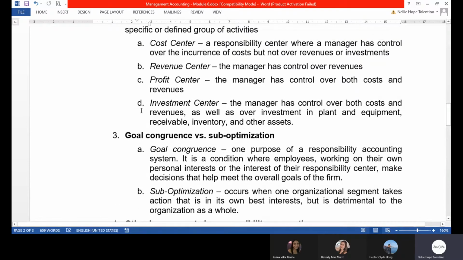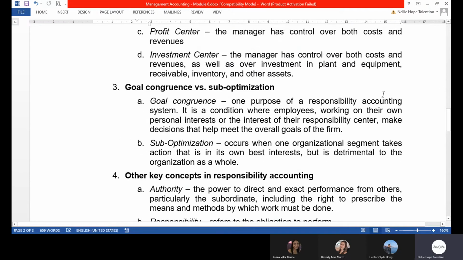So yung maaapektuhan is ang investment center. Because walang fund ang investment center, tapos yun yung gusto ng cost center, which is the maintenance department, mag-procure ng mga materials na mahal, kasi gusto nila na maganda yung performance nila. They are actually doing actions that are detrimental to the organization as a whole.